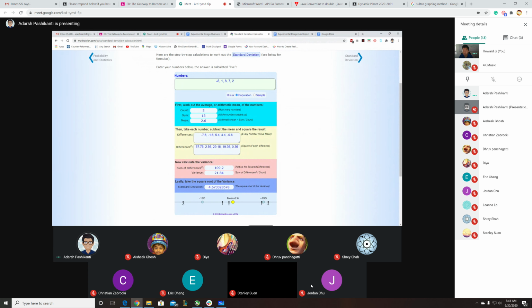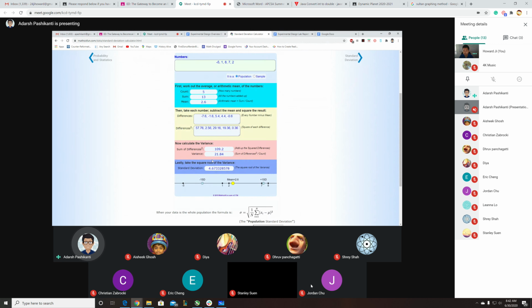Then you take every number and subtract the average from it. So 5 becomes -5, becomes -7.6, 1 becomes -1.6. You get the idea. And then you square each difference. To calculate the variance, you add up the squared differences and take the square root to find the geometric mean.